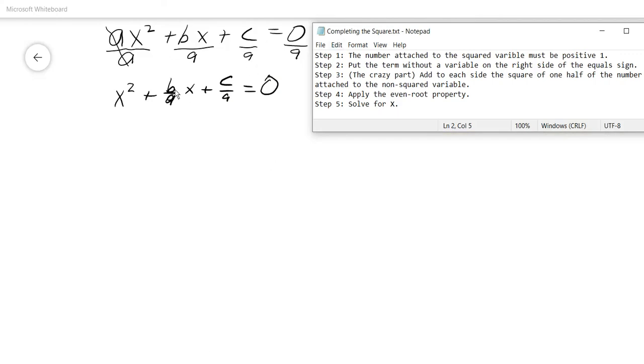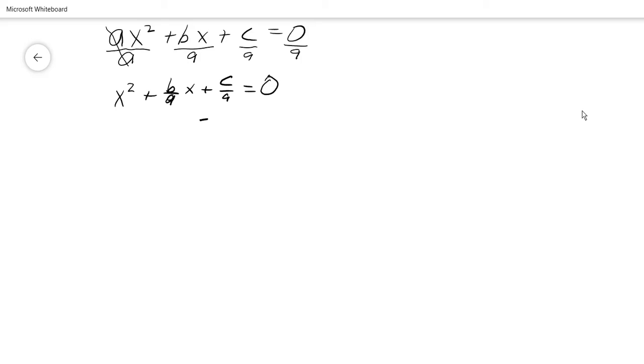Step 2, take the term without an x. This is what I meant when I said what I call variables in this x. Well, that's what I meant. C over a, that's the term without a variable. We need to move it to the other side of the equal sign. And we do that just by breaking the plus sign that's holding it on this side.